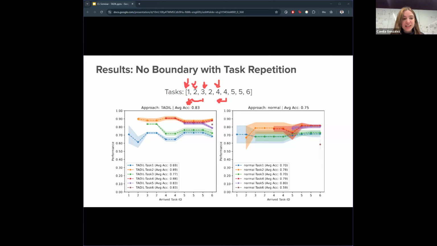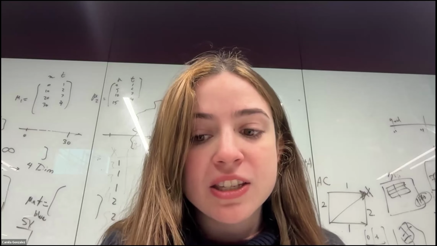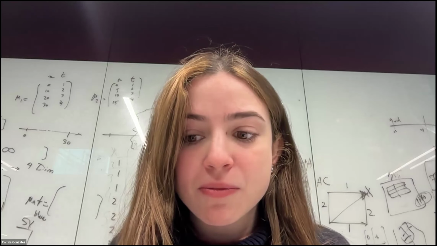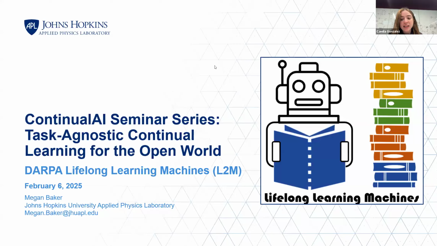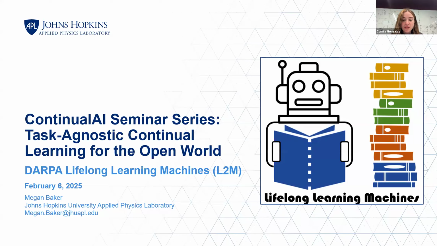So Megan Baker is a senior data scientist in the research department at Johns Hopkins University in the physics department. She holds a bachelor's in bioinformatics from Bowie State University, a master's in applied and computational mathematics from Johns Hopkins, and will complete a Master of Science in Computer Science in spring 2025.